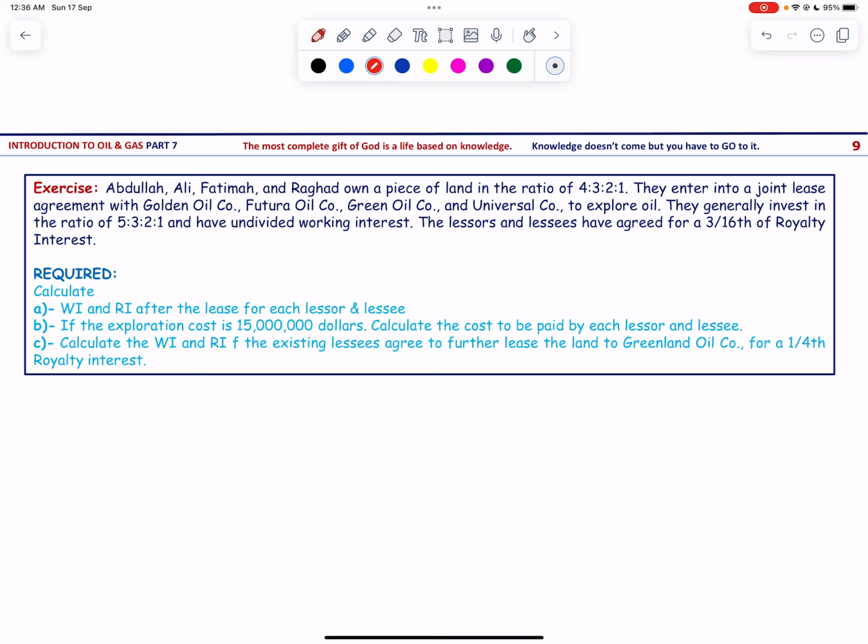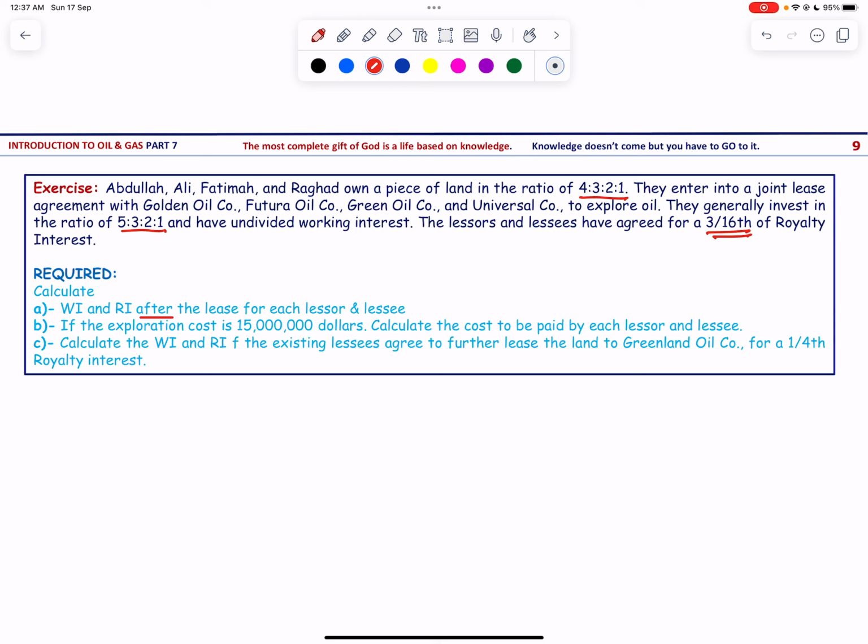Abdullah, Ali, Fatma and Ragad own a piece of land and they are sharing in this ratio. They enter into a lease agreement again. They agree for 3/16 of the royalty interest. So we have to calculate working interest and royalty interest after the lease for each lessor and lessee.